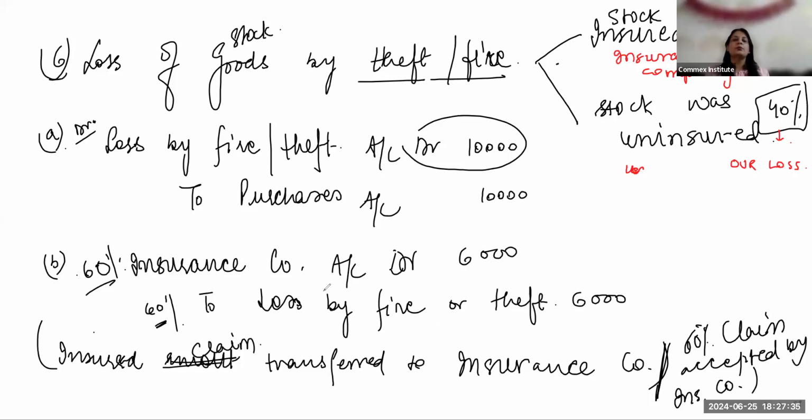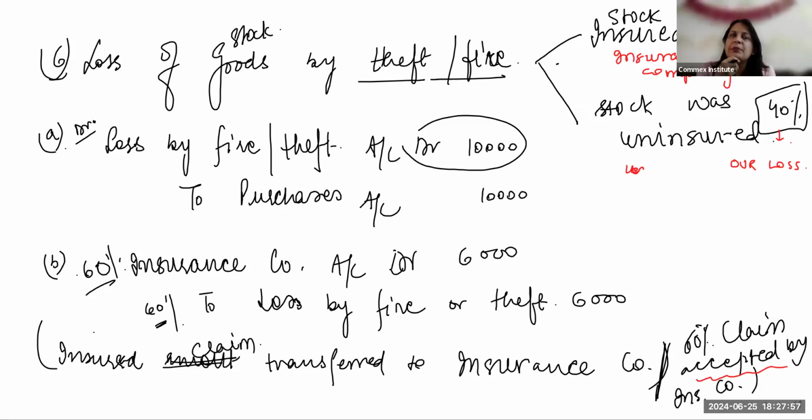Okay, so the claim would be, here Ma'am, the claim is being accepted. Yes. Ma'am, sometimes we hear that insurance claim, they don't give you the money for whatever reason. So will there be any such transaction for an event like this?